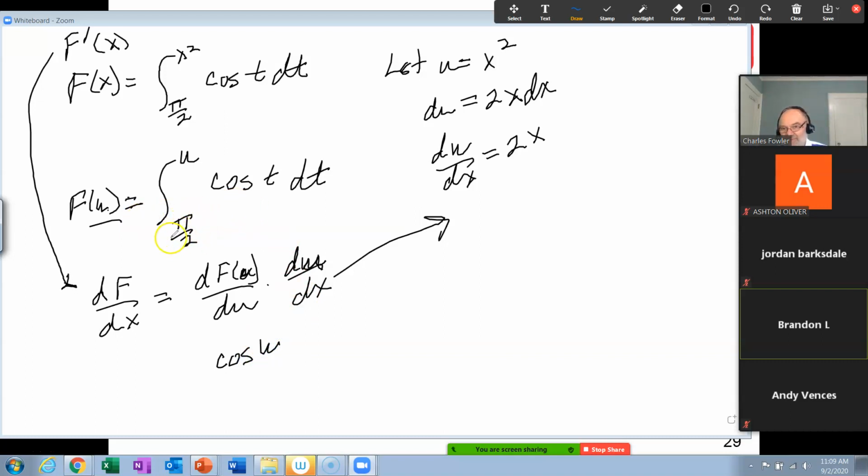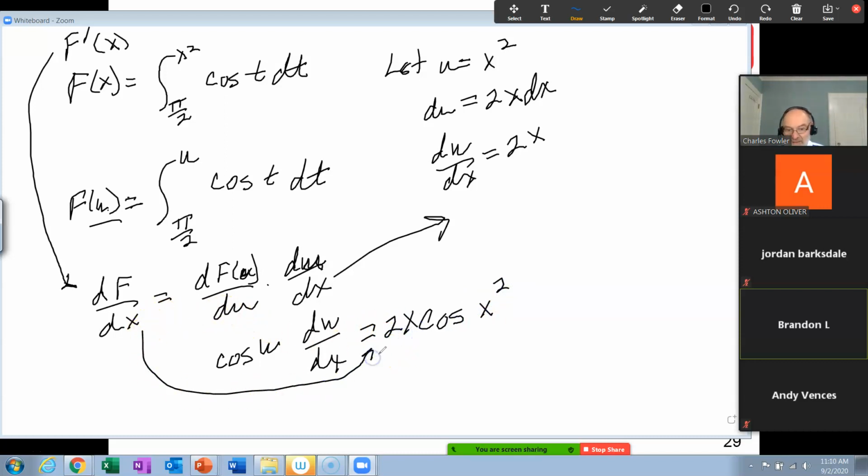Doesn't matter what this is, that just has to be a constant. But then this is times du/dx, and we also know what that is. Well, u is x squared, so this is cosine of x squared times 2x. So that's what the df/dx is.